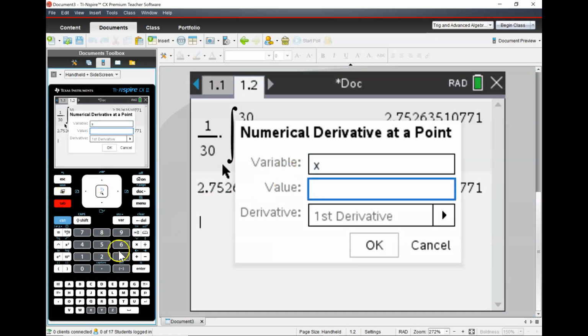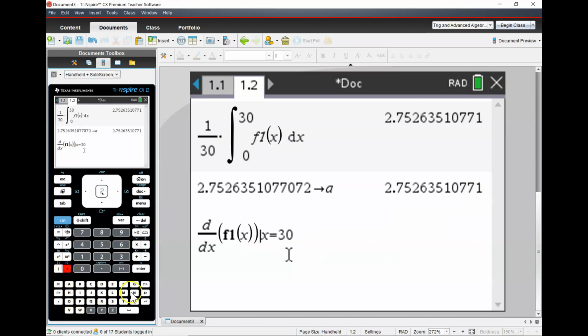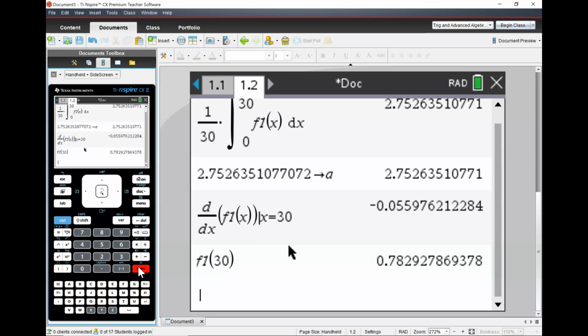So tab, 30, and I want f1 of x here. And it's that value. Then you also want A of 30, so f1 of 30, and that's that point.